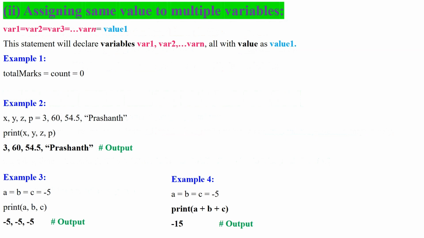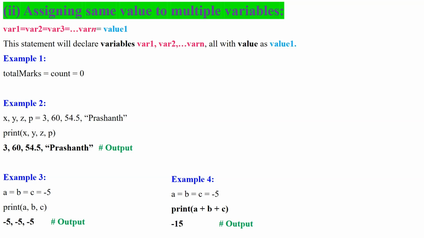The second way is to assign the same value to multiple variables. var1 equals var2 equals var3 equals varn equals value 1. This statement will declare variables var1, var2 up to varn, all with the value value 1. In example 1, the code total marks equals count equals 0 assigns the value 0 to both the variables total marks and count simultaneously.